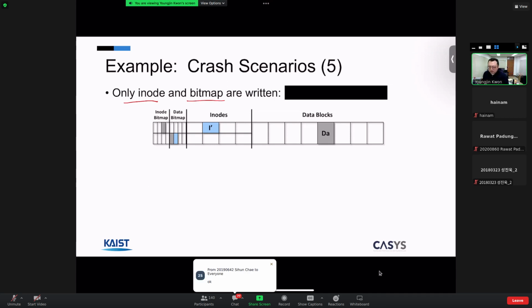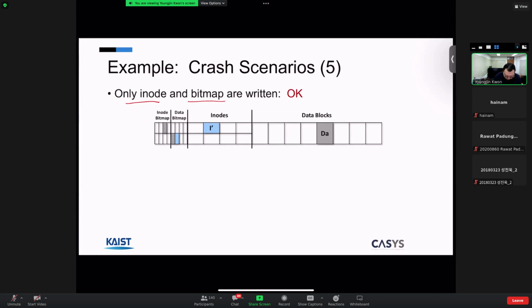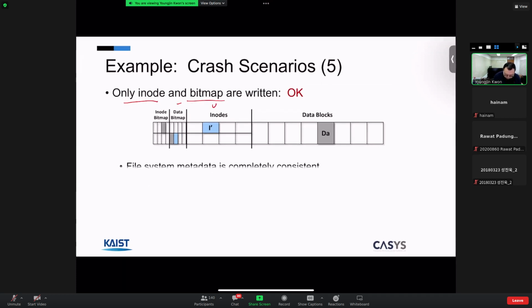What do you think? Okay or inconsistent? You guys are really smart, right? Maybe it reads garbage data. Yes, but the metadata states are consistent.